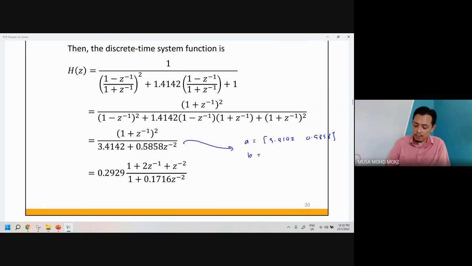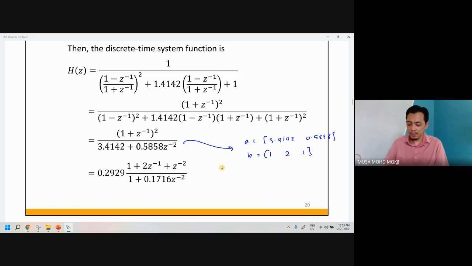And what is B? Of course, you need to solve this. This is 1 squared, and then 2z to the power of minus 1, and then z to the power of minus 2. So this is 1, 2, 1. Hopefully I'm not wrong, so you can check that one.